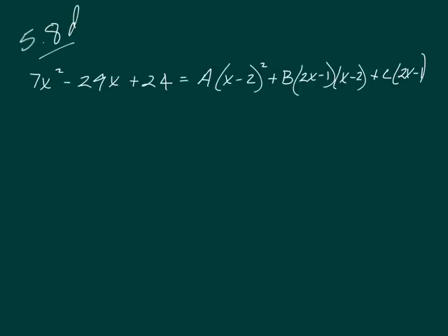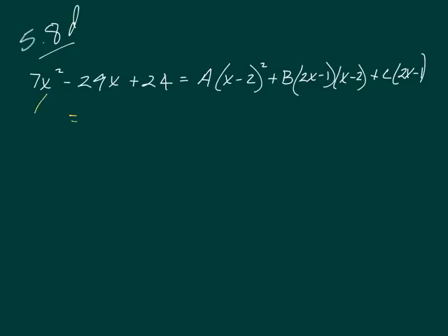Now I'm going to look at the right-hand side of my equal sign, and I'm just going to expand everything. I'm going to take x minus 2 times x minus 2 and multiply these two together and show you what I get. I'm just going to ignore this right now, pretend that it's not there.